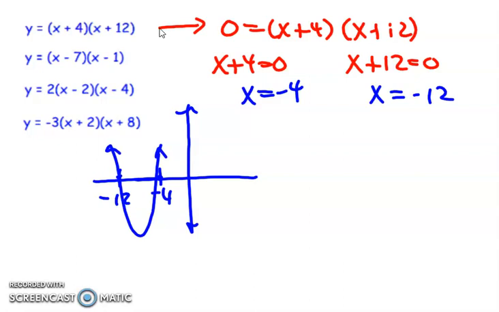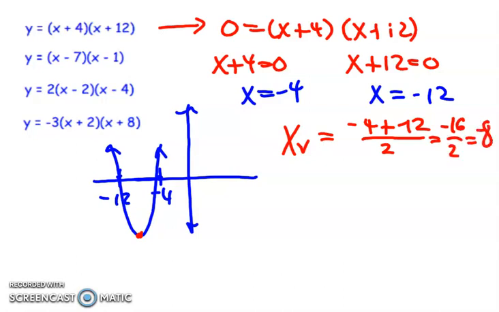Now what we're looking for in this activity is how do we find the x value of the vertex and then eventually the y value. So last week we talked about taking the two answers, -4 and -12, and adding them together and then dividing that by 2. So -16 divided by 2 is -8.